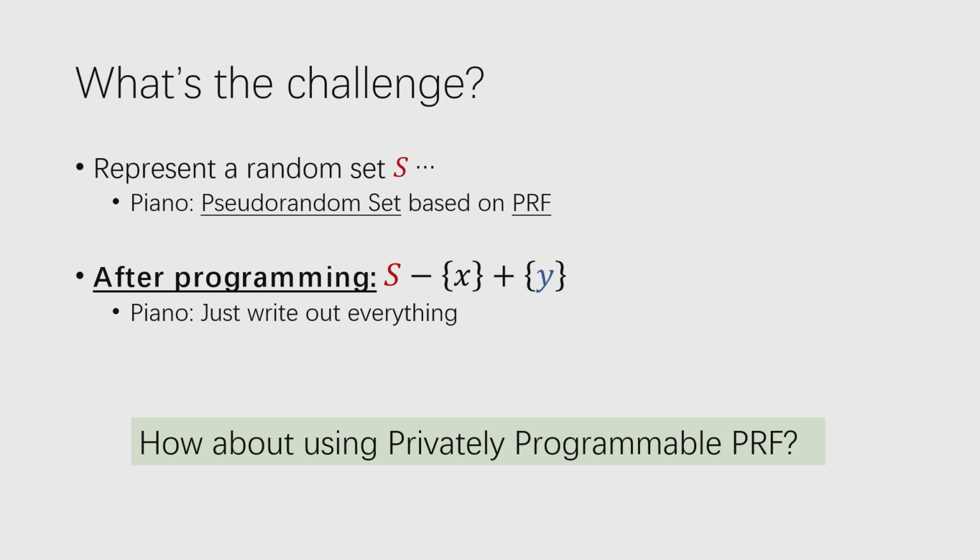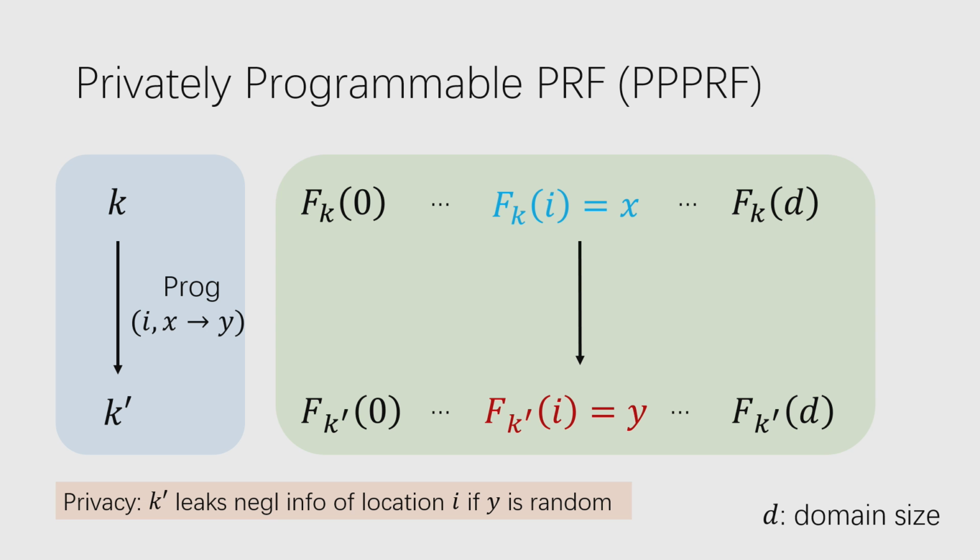But there exists something called a privately programmable PRF that allows you to program some point on the PRF. So this is a privately programmable PRF. We start with K, that's a usual PRF key, and you evaluate to some roughly D pseudo-random values. But we specifically focus on one new operation that is called programming.